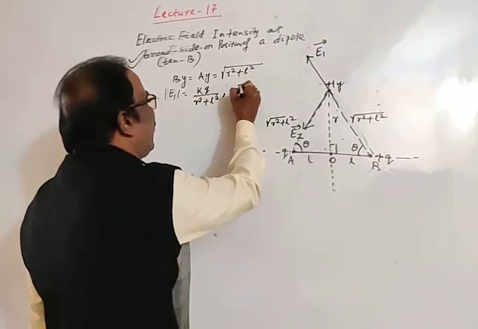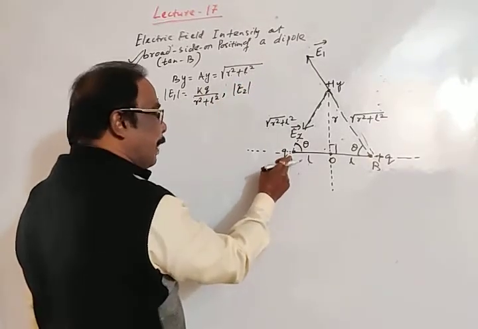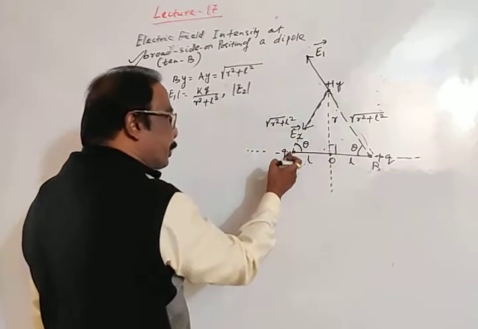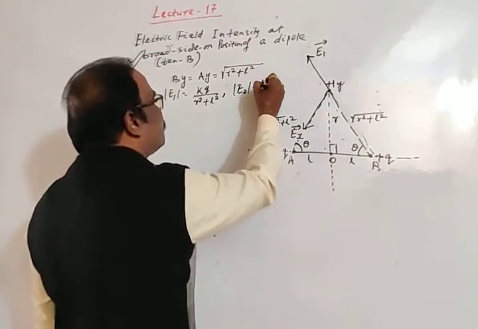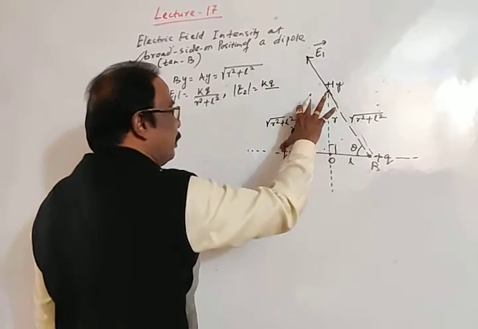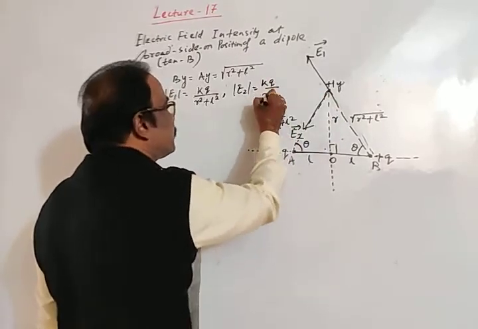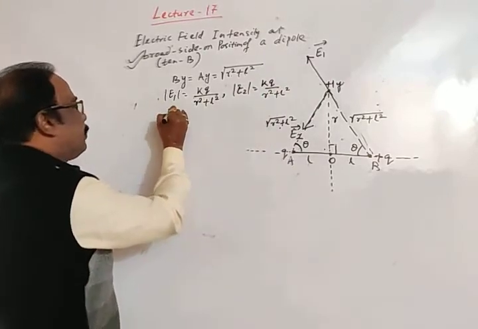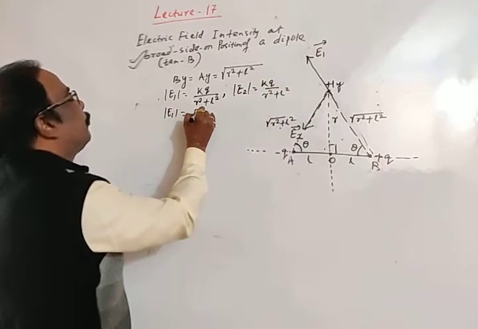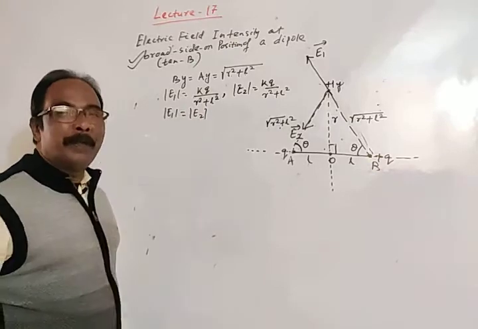Similarly, the electric field intensity due to minus q is E2, again the distance is the same and the charge is q, so this is also kq by R square plus L square. So the magnitude of E1 is equal to the magnitude of E2.